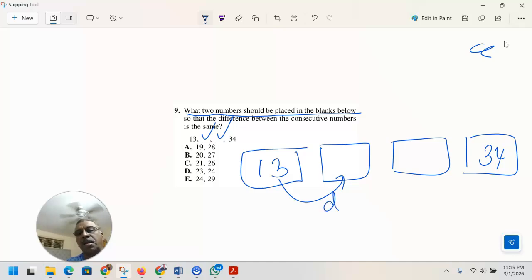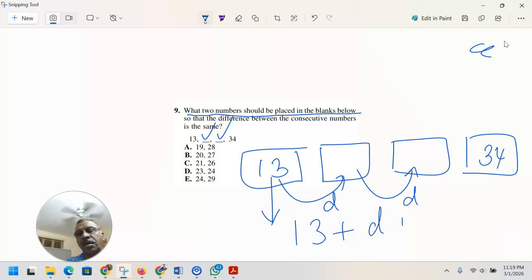I'll call it D, right? Then you have to add it one more time, D. That means to the first one, 13, you have to add D two times. So it is D plus D, and then you have to add three times D to get to 34.